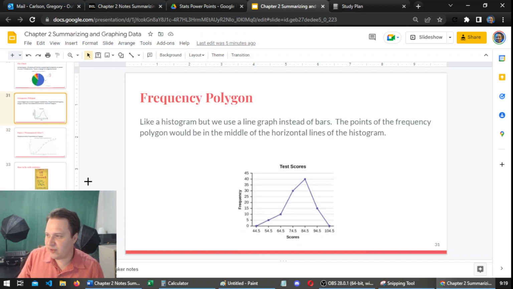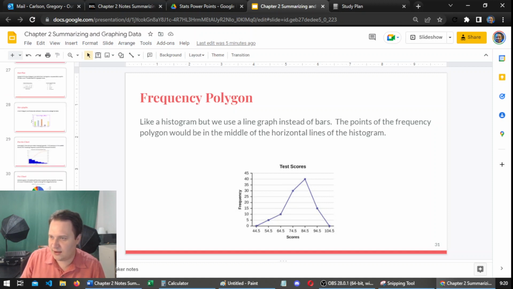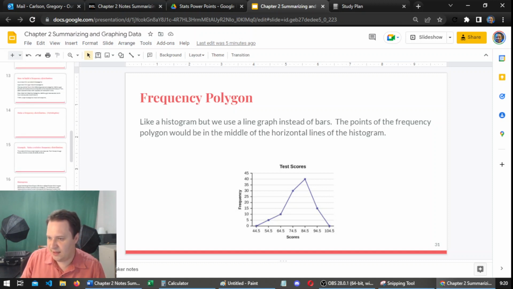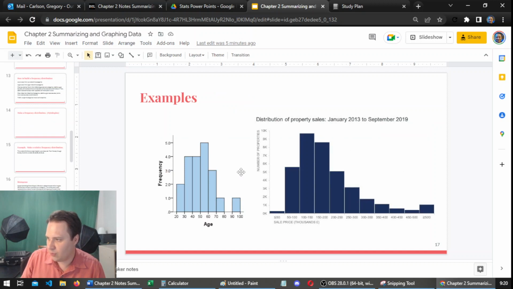Next, we have a frequency polygon. It's similar to a histogram. So it's the same data as a histogram, except instead of doing bars, we just do dots and we connect them with lines. So this is the exact same data as a histogram, like this one or this one.